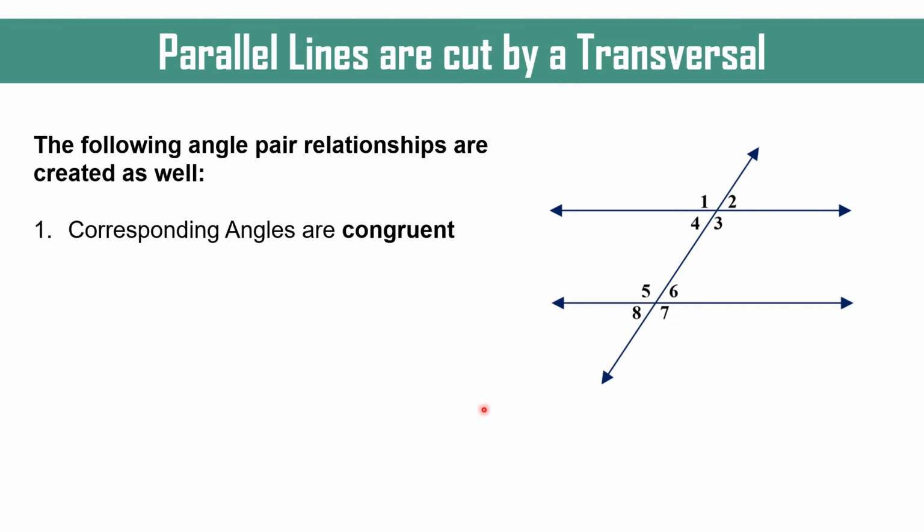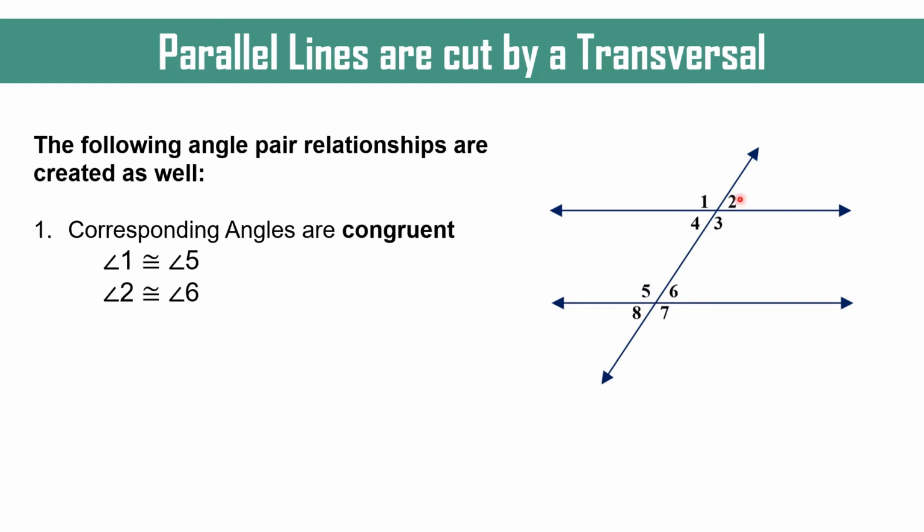Corresponding angles are congruent. What are the corresponding angles in this figure again? First, we have 1 and 5. So it means if, for example, angle 1 measures 120, automatically angle 5 will also have 120 degrees if they are parallel lines. What else are our corresponding angles in this figure?